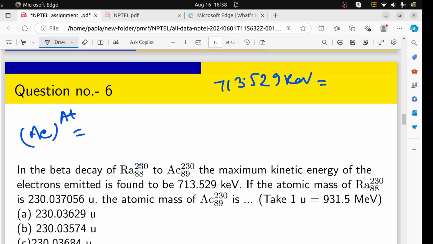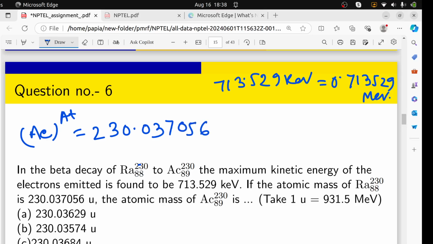That can be written as 0.713529 MeV. So that will be simply 230.037056 minus 0.713529 divided by 931.5.